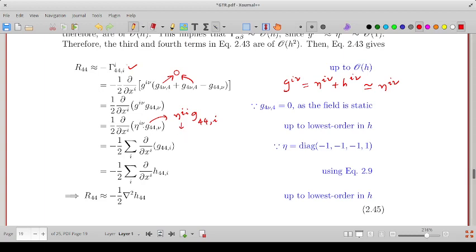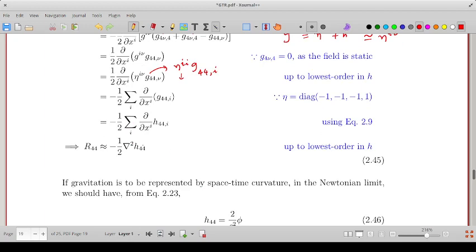So substituting that, we have this -1 coming in front. So minus half, then this is d by dxi, then g44i, and the summation over I has been written explicitly here. So minus half sum over I d by dxi of g44i.